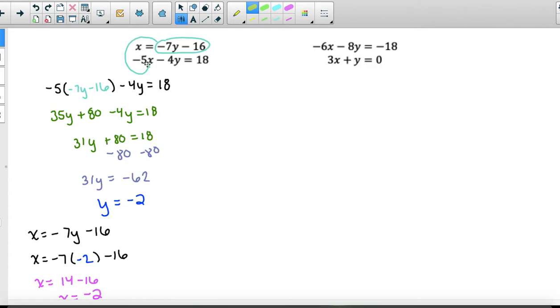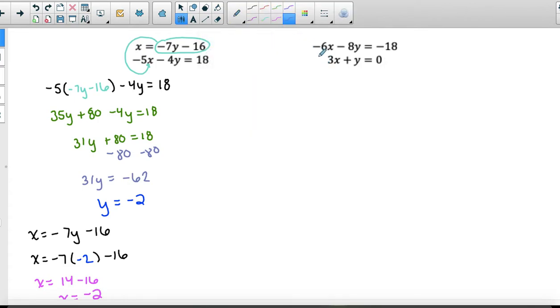On this last problem right here, we have -6x minus 8y equals -18, and 3x plus y equals 0. What we want to do here is find one of the equations where we can solve for one of the variables easily. We have numbers on x, y, and x, but this y has a 1 attached to it. So if we solve for this one, all we have to do is get this 3x to the other side. Let's do that.